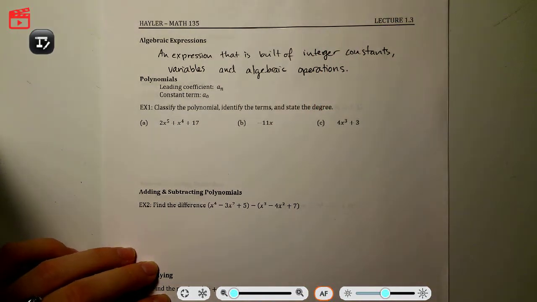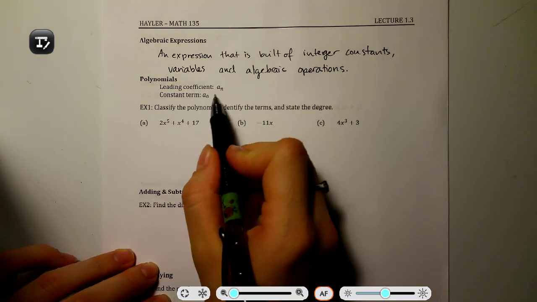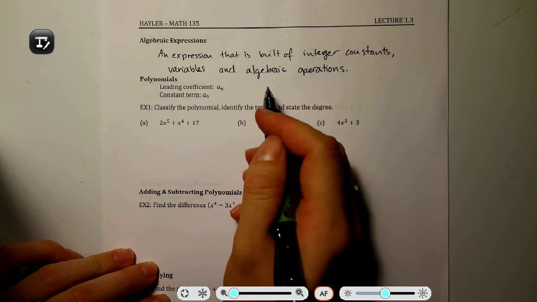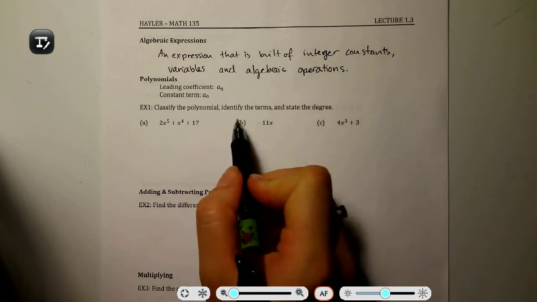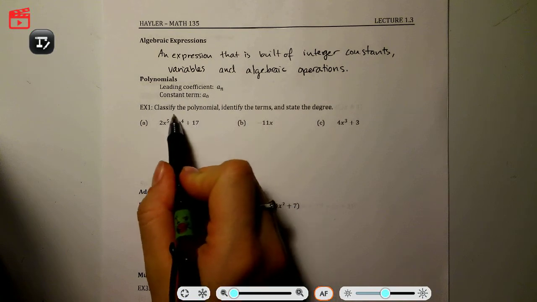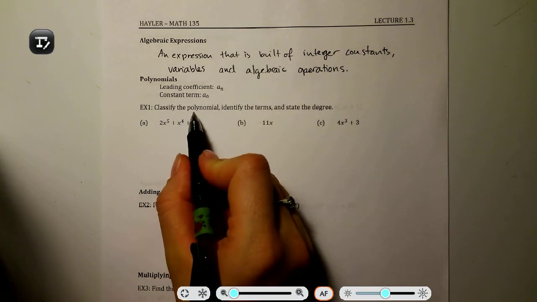Okay, so for polynomials, the leading coefficient we would call a sub n, and the constant term would be a sub 0. Alright, so example 1. Classify the polynomial, identify the terms, and state the degree. Alright, so this here is a polynomial. So real quick, poly means many, right?